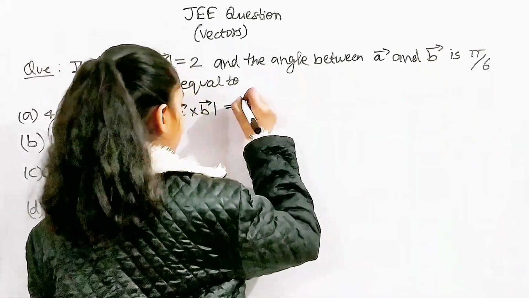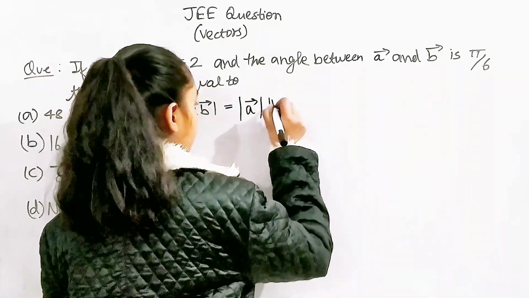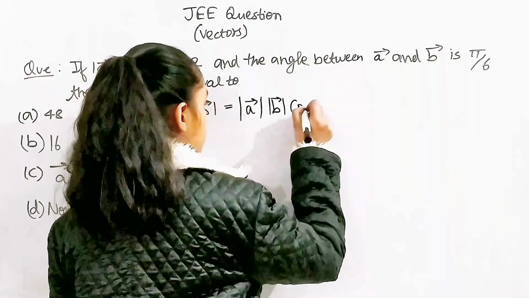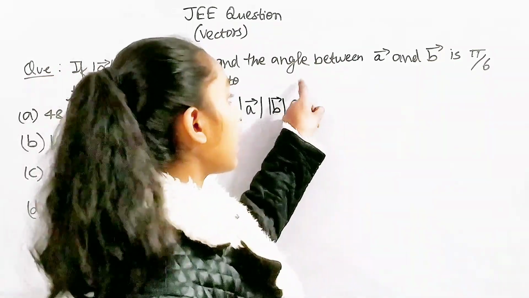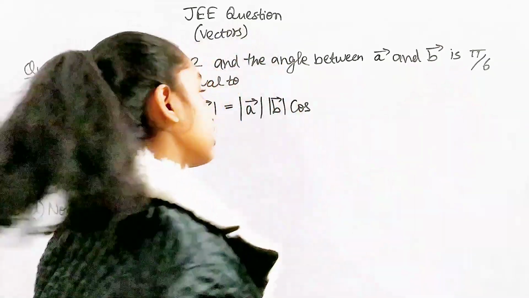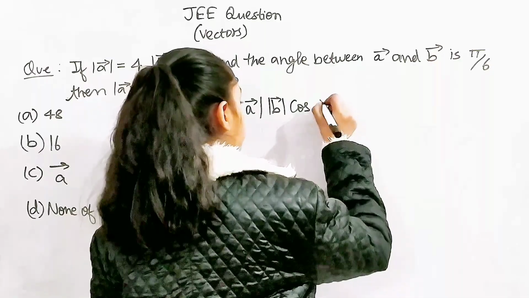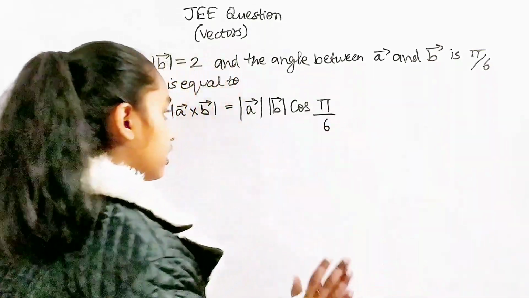The formula is mod A, mod B sin theta, and our theta is pi by 6. So I'm going to write pi by 6.